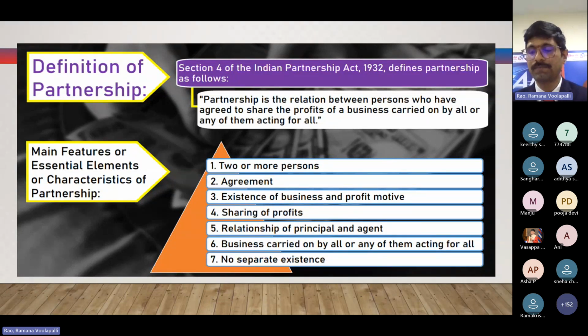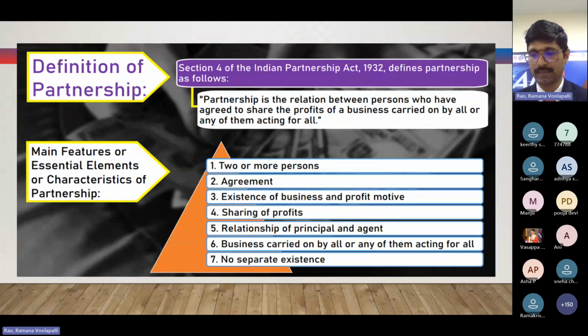Liabilities of the partners. Partners are jointly liable for the obligations of the partnership. If one partner's action results in a debt or a liability, all partners share responsibility for it. The feature of the partnership is that if one partner creates a liability for the partnership, all other partners are also liable.